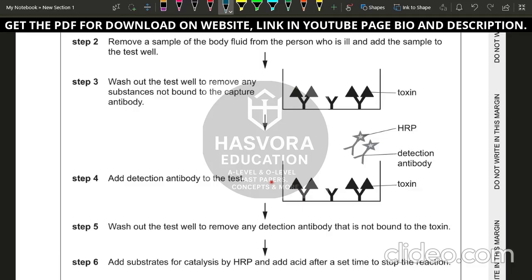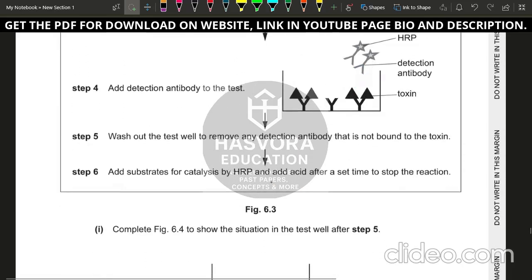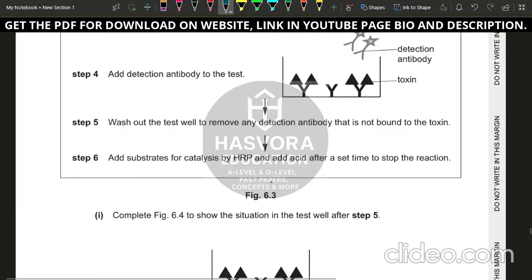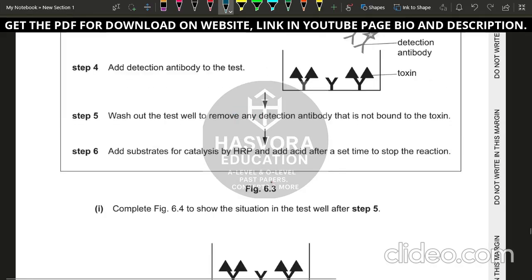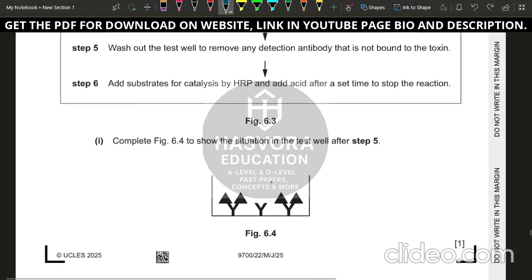Add detection antibody to the test. Now this detection antibody will bind to this, and it has the enzyme. Wash out the test well to remove any detection antibody that is not bound to a toxin, and add substrate for the catalysis by HRP. HRP is your enzyme, and add acid after a set time to stop the reaction.